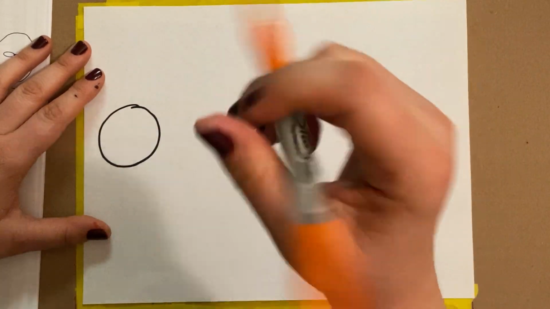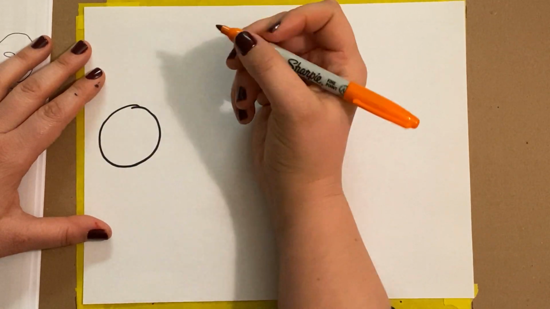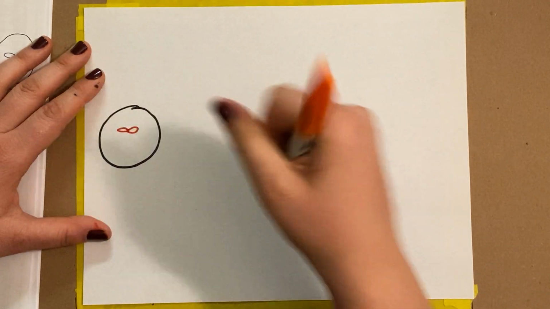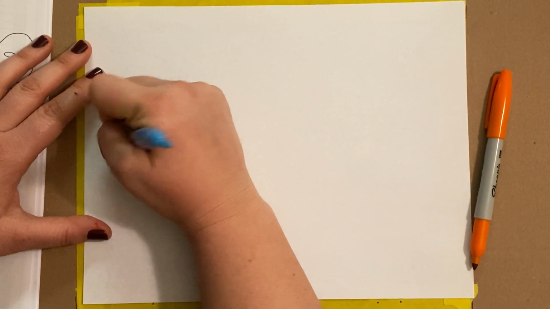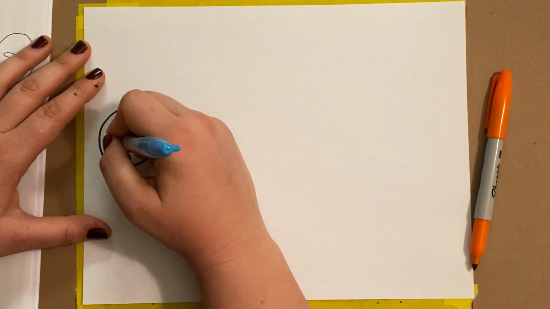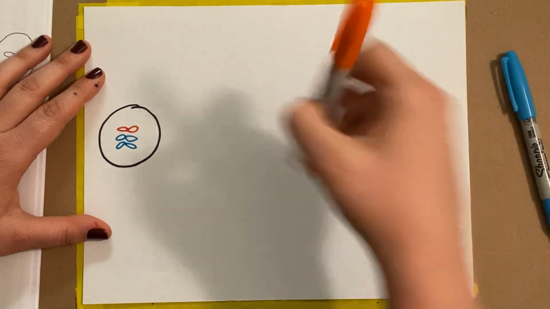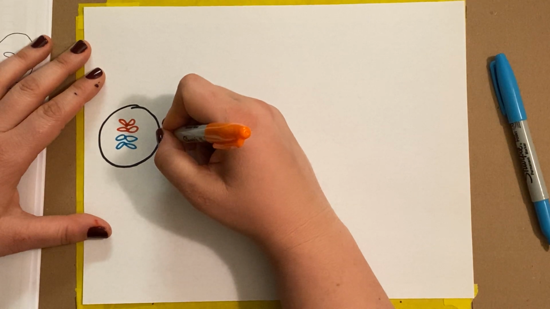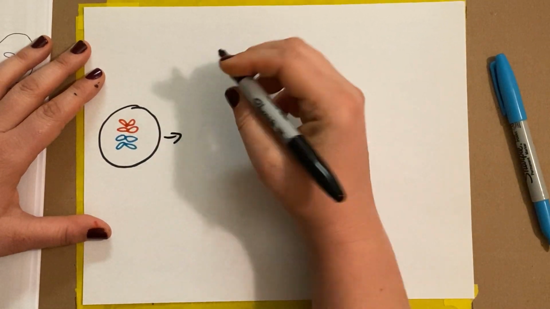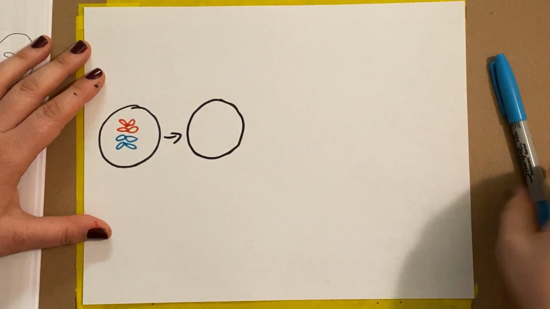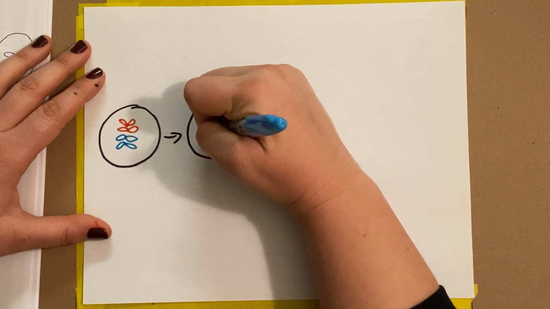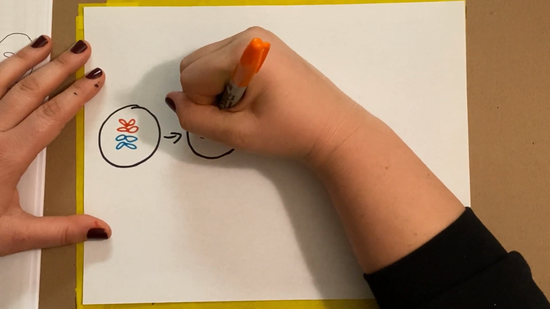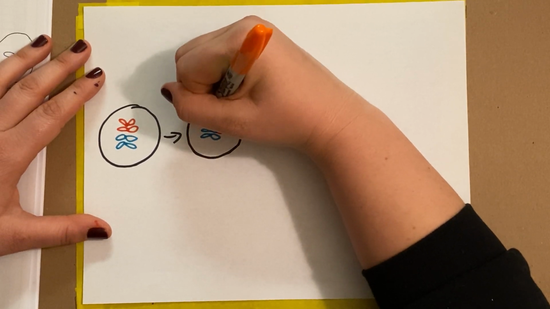Okay, so I'm going to draw it in a slightly different direction. Makes it a little bit easier to see. I'm going to draw them sideways. So we would have duplication of our chromosomes. So we have sister chromatids. Okay, and then in prophase, we're going to have crossing over take place. Okay, and so I'm going to draw something similar to what we've seen.